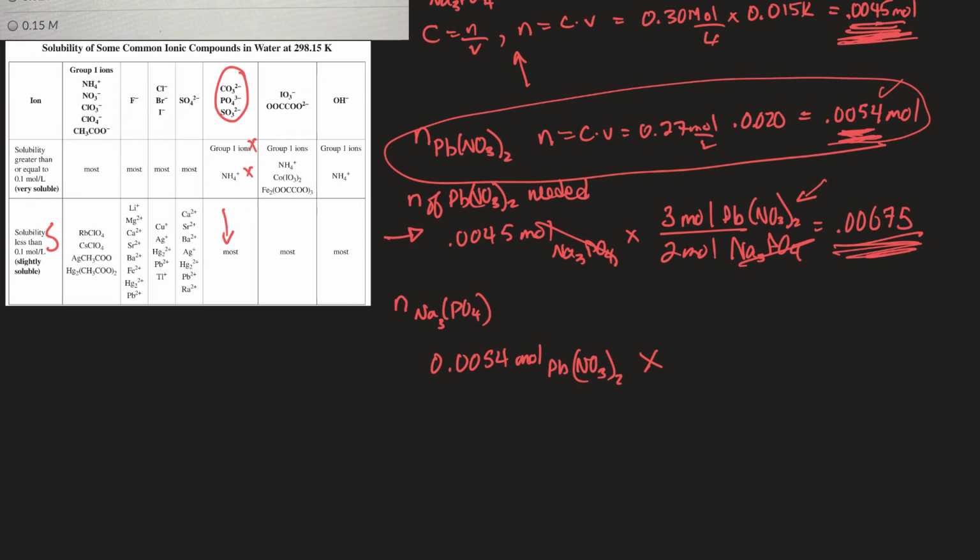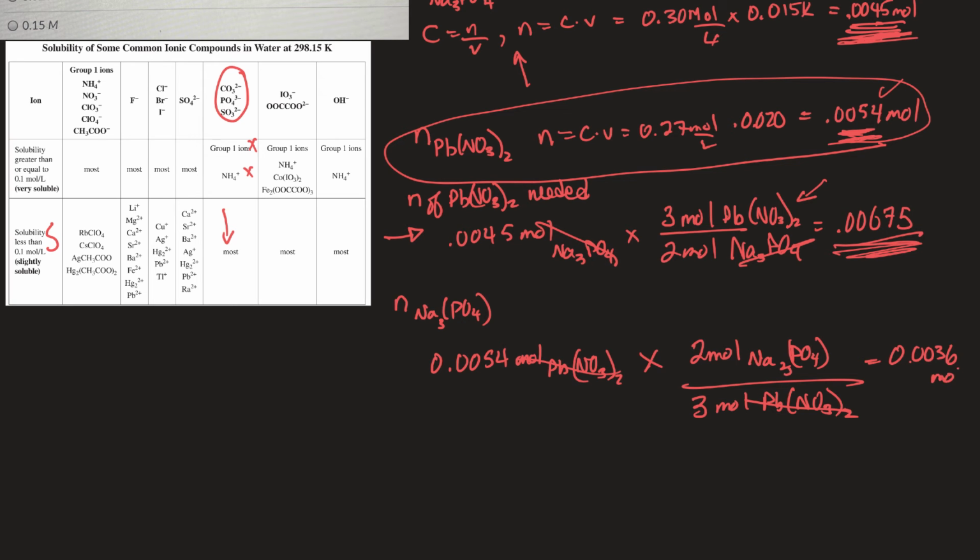So in the reaction, 2 moles of the sodium phosphate react with 3 moles of lead 2 nitrate. So these cancel. Let's do our calculator. 0.0054 times 2 divided by 3. 0.0036.